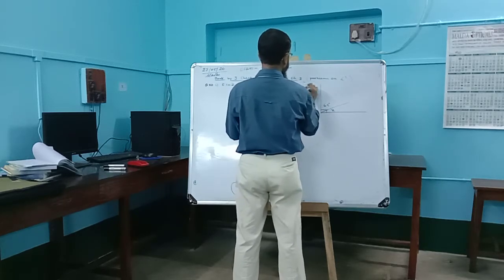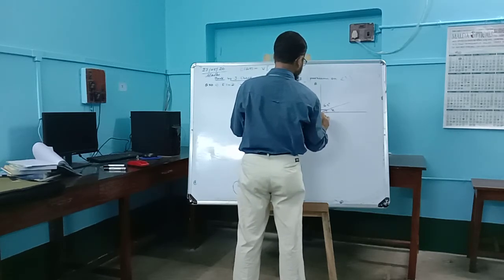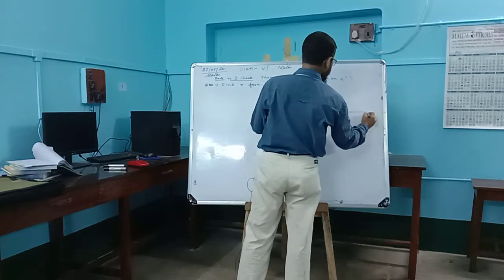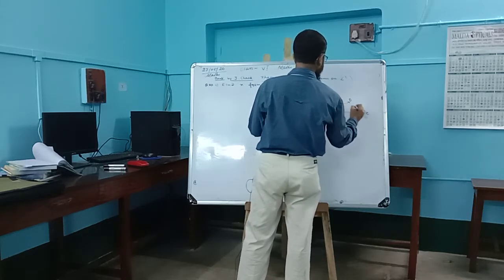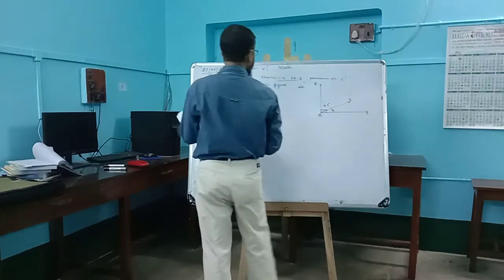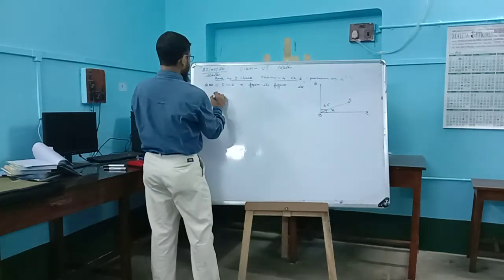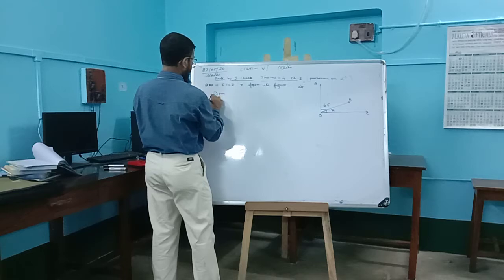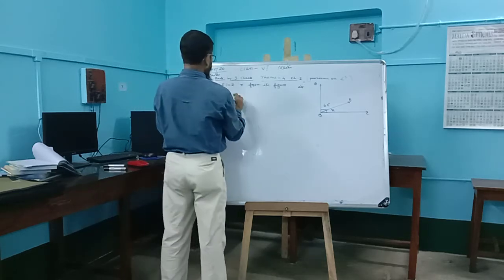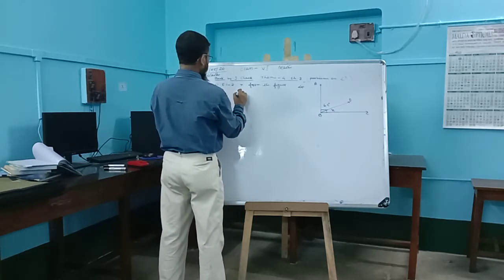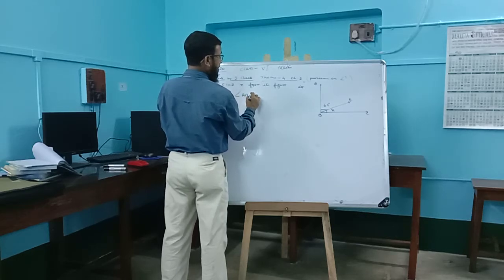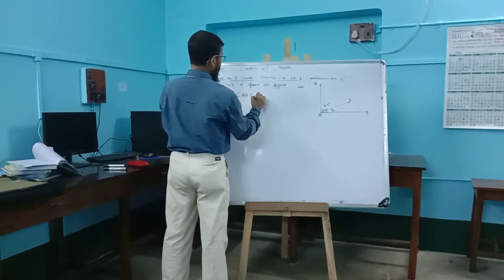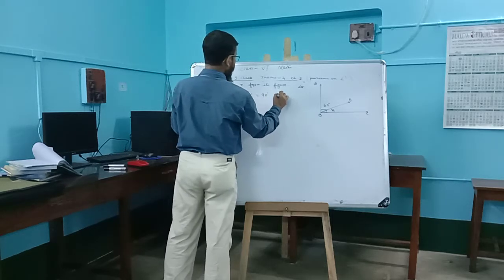Let the points be A, B, C, D. Since angle ABC equal to 90 degrees, it is given.